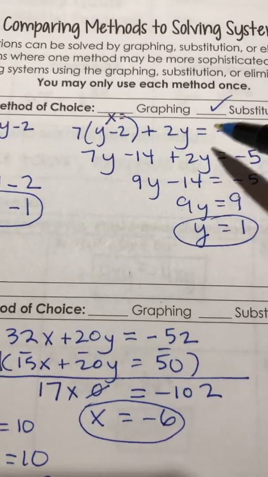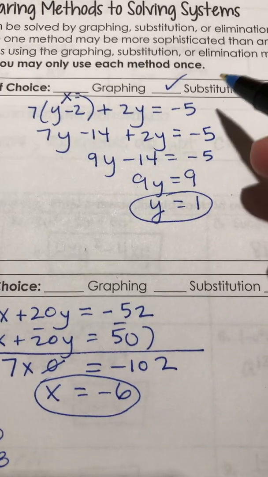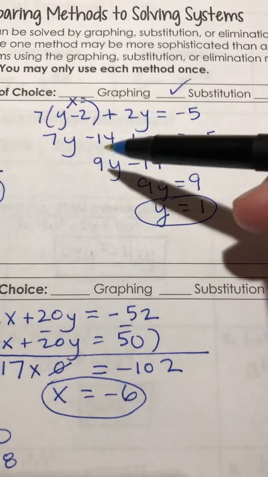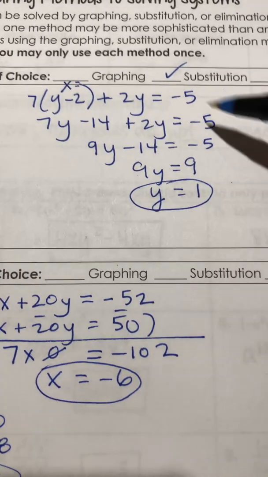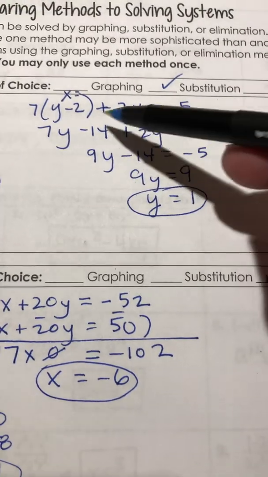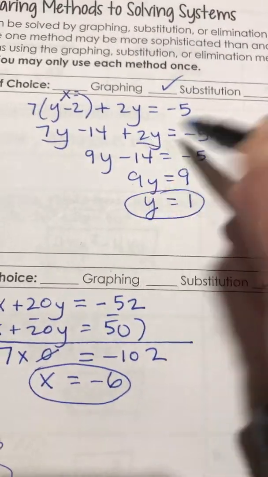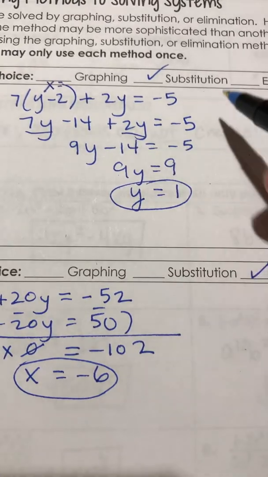Okay, so then I literally just solved for y. 7y minus 14, kept everything else, and then if I go down here, I just combine my like terms, which is 7y, 2y, to get 9y, and kept my -14.